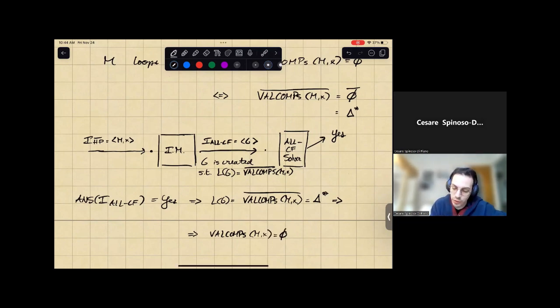The other way to see this is, you could apply the complement again. The complement applied twice gives you Val-comps, and the complement applied to delta star is the empty set.